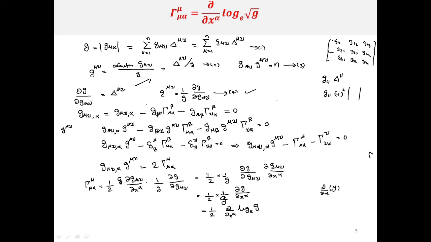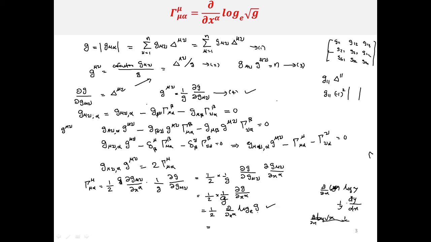The derivative of log y is 1 by y, then you have to take the derivative of y with respect to x, dy by dx. In a similar way, when you calculate ∂ by ∂x^α of log g, the derivative of log g will be 1 by g, then you have to take the derivative of g with respect to x^α. So you will get the same thing.